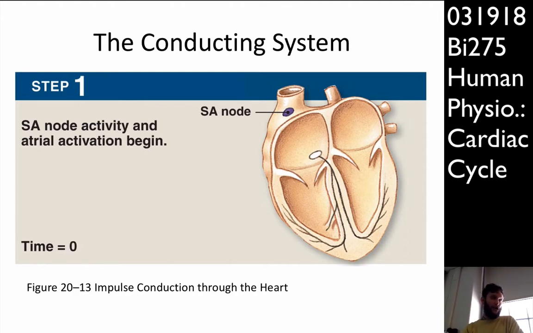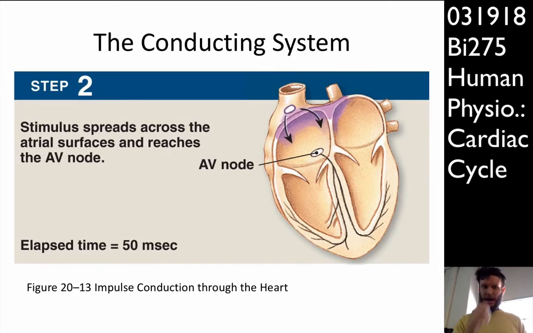Step 1, the SA node begins to spontaneously depolarize. The conduction cells in the SA node reach that minus 40 threshold, and we begin to have an action potential there. This action potential, the stimulus, spreads throughout the atrial surfaces in both the right and left side of the heart, and eventually is going to head towards the AV node.